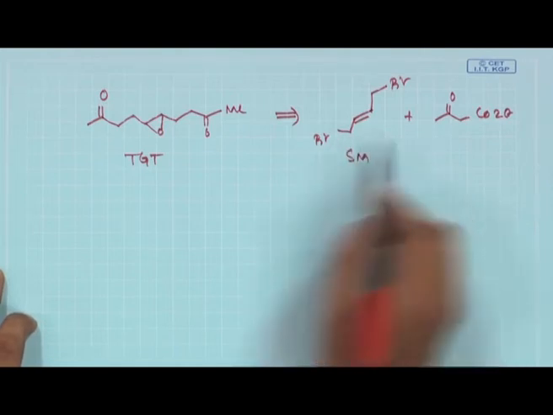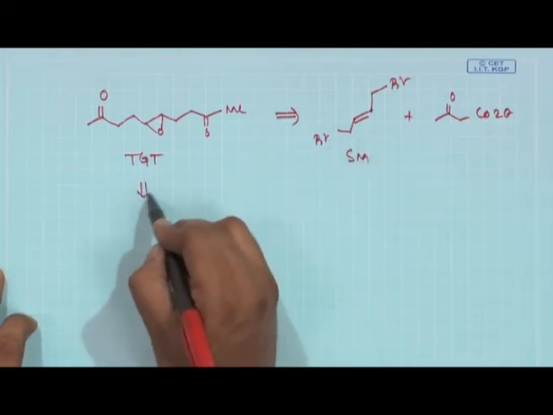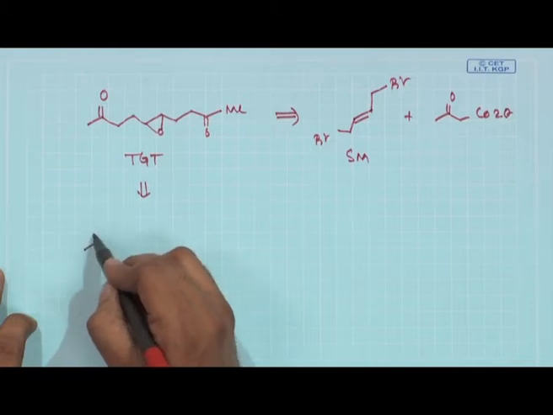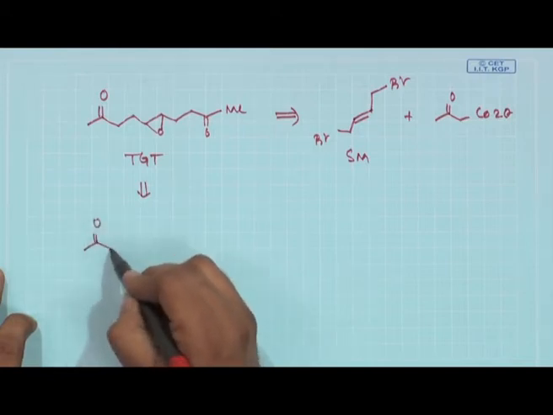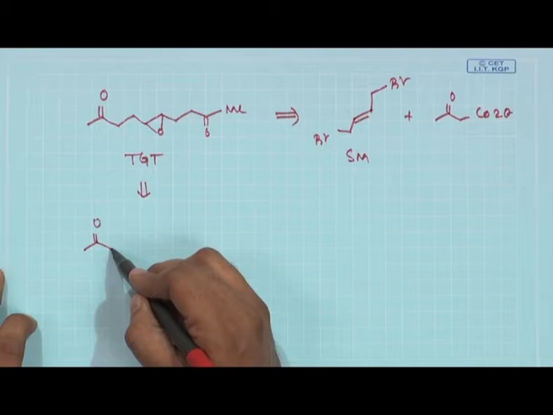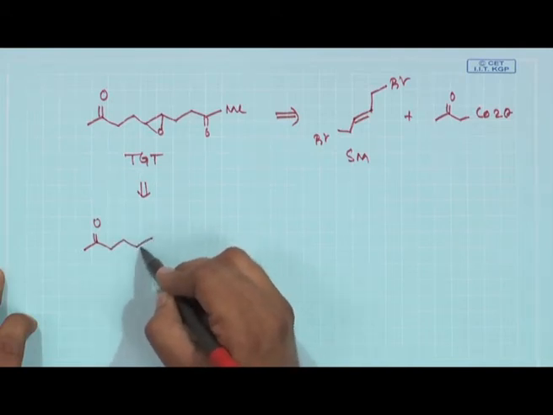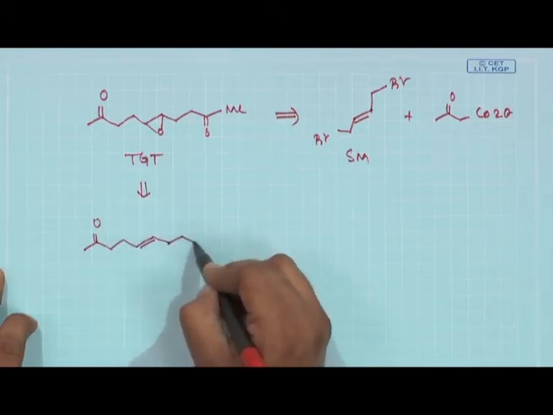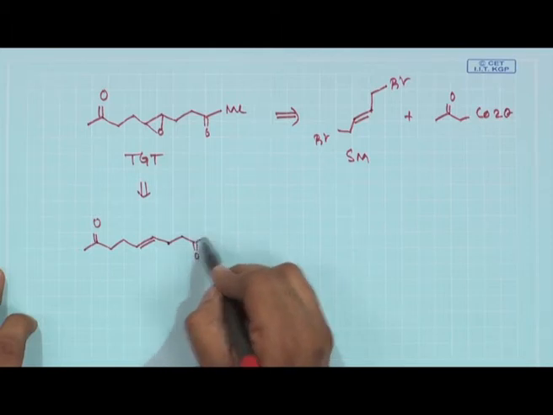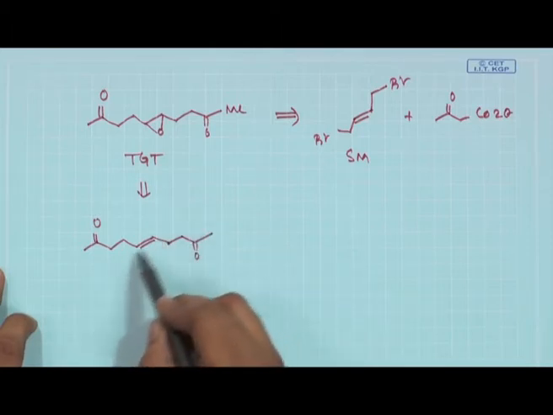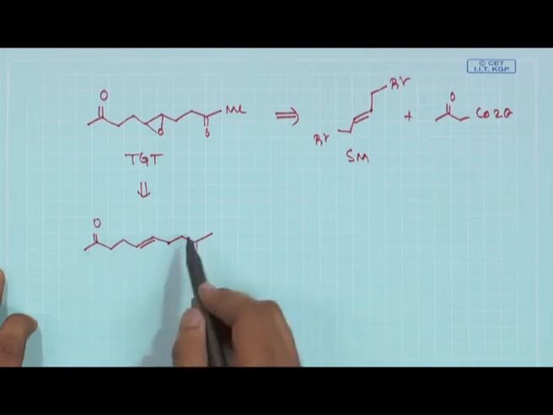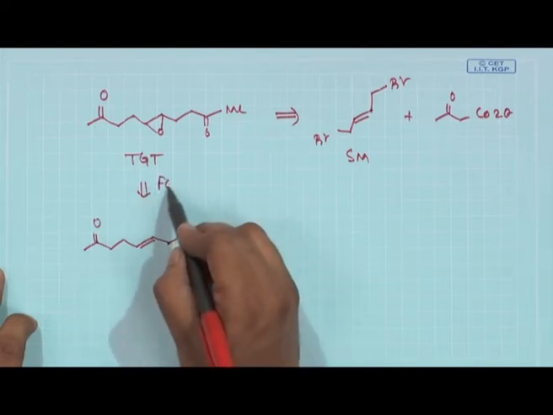If you see this target, you can visualize that the target might be achieved from something like this compound. If you have this olefin and ketone, you can do an FGI through MCPBA.